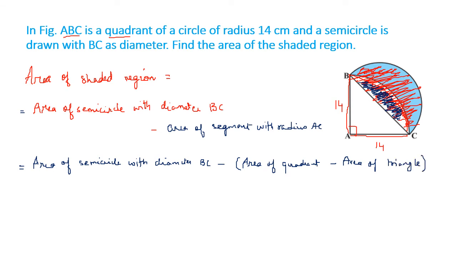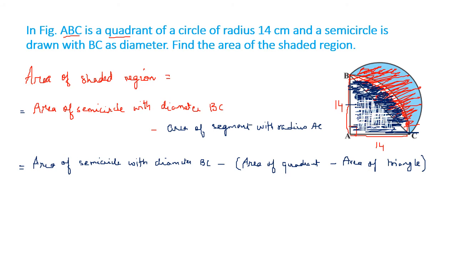To find the area of this segment which is given in blue, I first find out the area of the whole quadrant. From this whole quadrant I will now subtract which part? From the whole quadrant I will subtract this triangle.